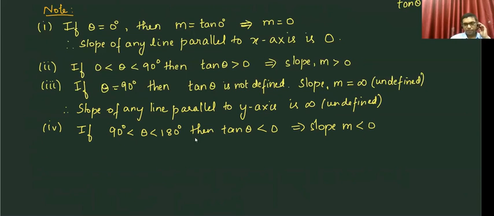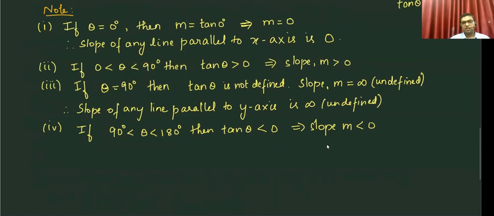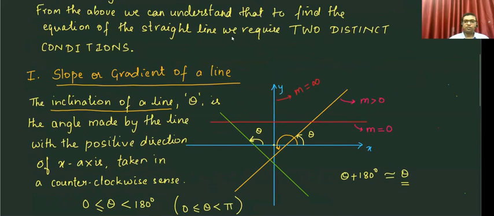So the line is negatively inclined. This is positively inclined, this is negatively inclined. So coming here, this green line has negative slope. Again, a horizontal line has slope 0.